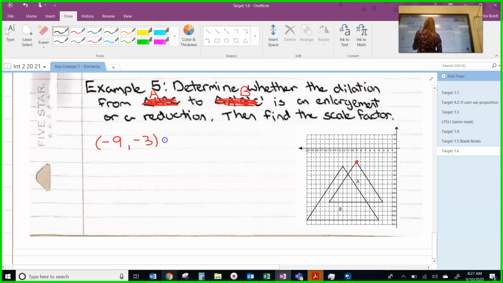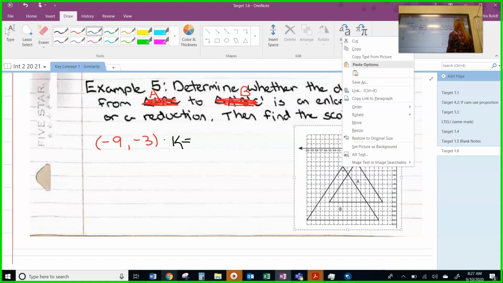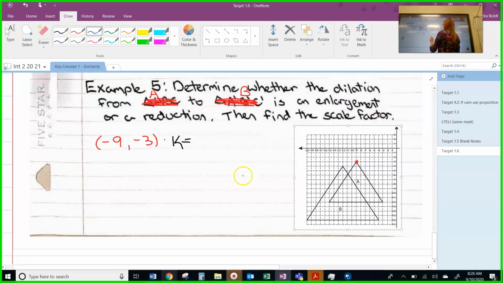Again, times some k is going to give me my point on my other triangle, which is this point here. Doesn't like me making a point. There we go. Which is at (-12, -4).